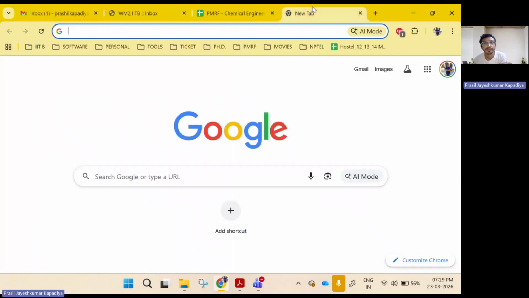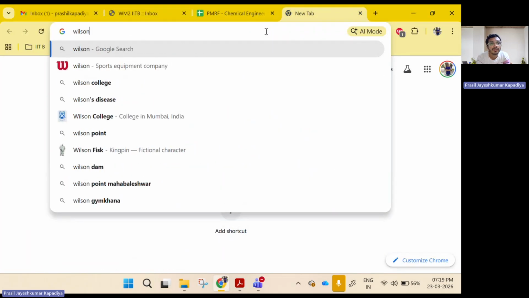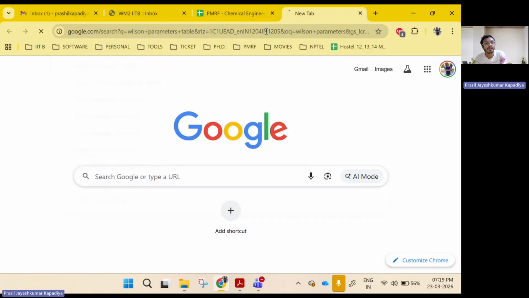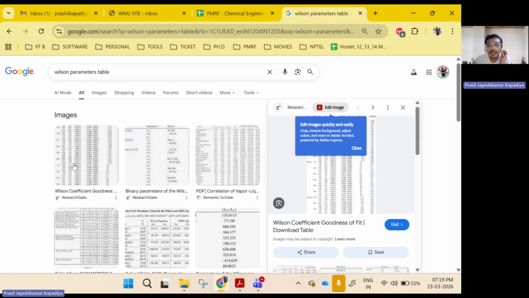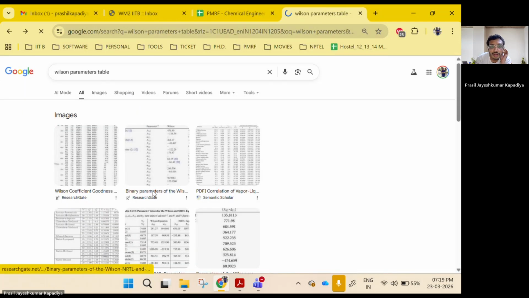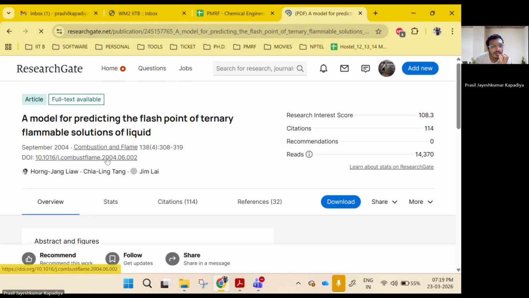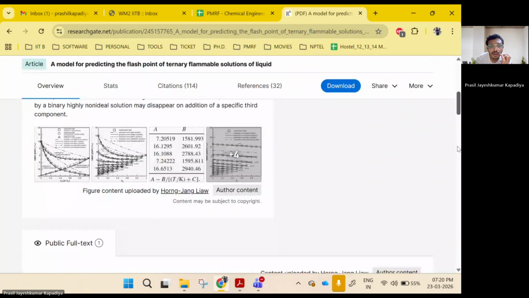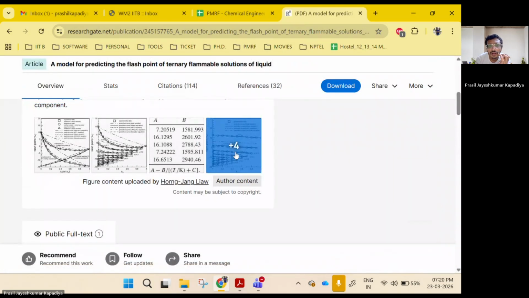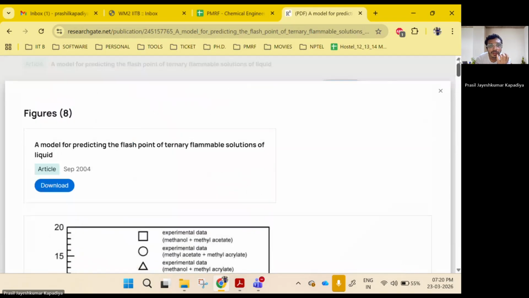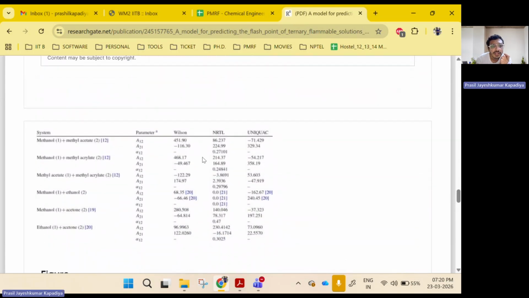So if we see the Wilson parameter table, it looks like this.